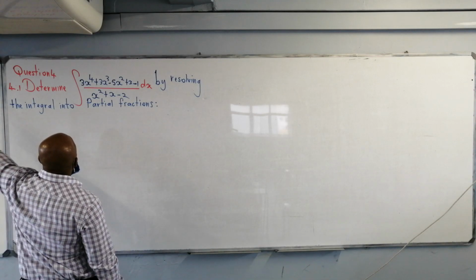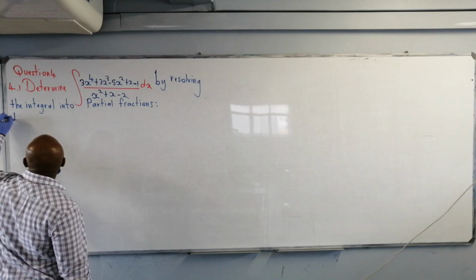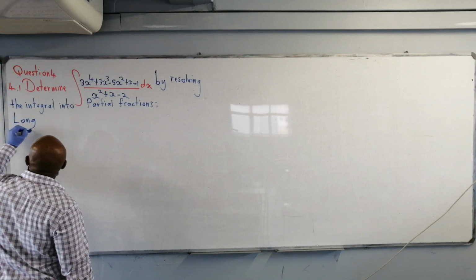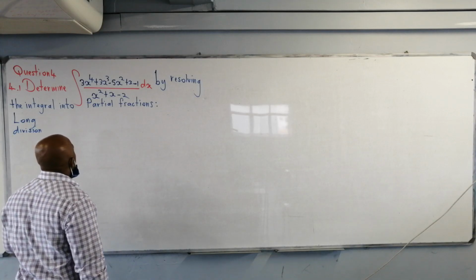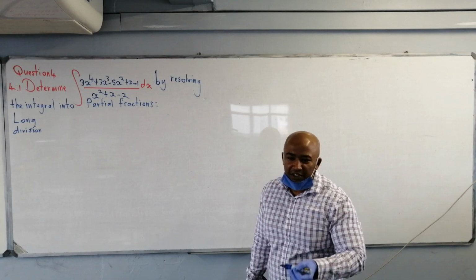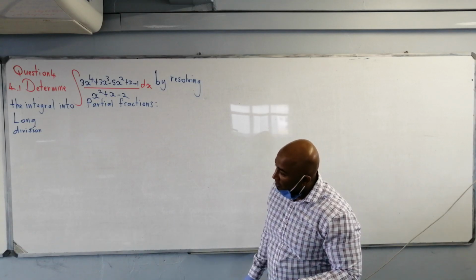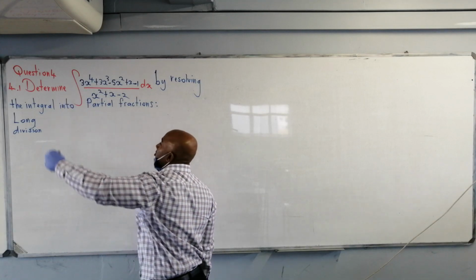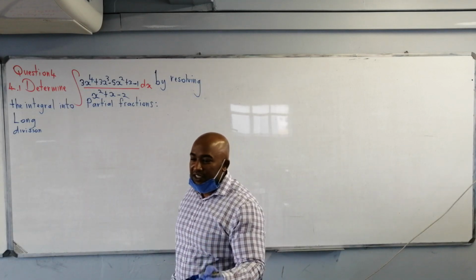Right, so long division. Right, so we've done long division. You can see my other videos for N6 too. I've done long division examples. So remember, the numerator is going to be called the dividend now.